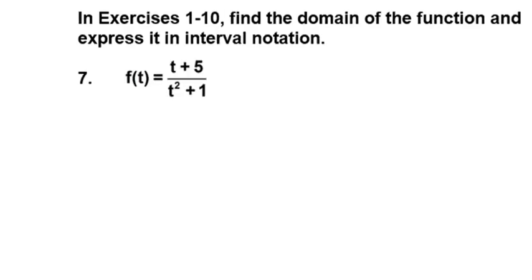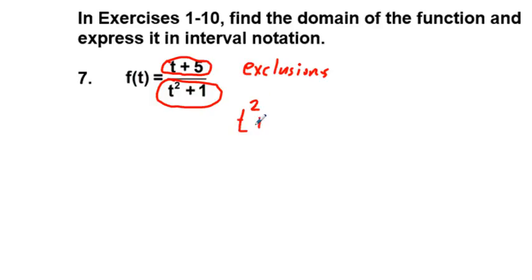Next on our problem, which is 7, we have f of t equals t plus 5 over t squared plus 1. And so we look again for exclusions. Based on the numerator of t plus 5, no exclusions. But in the denominator, we have a variable, and like we did in an earlier problem, t squared plus 1 cannot equal 0.